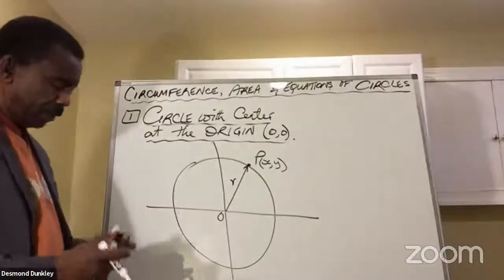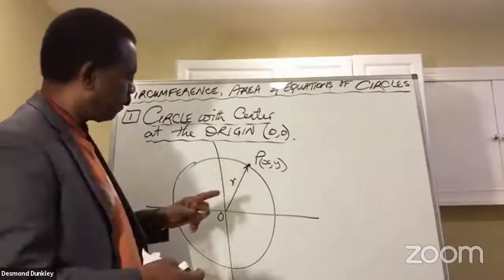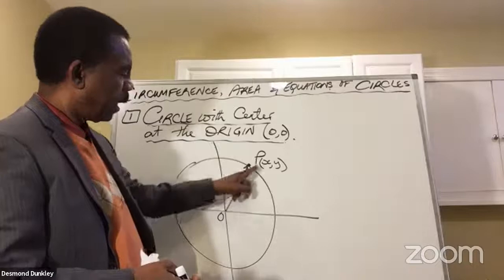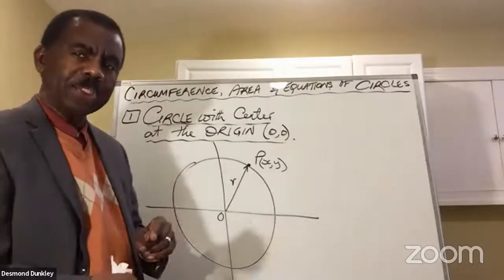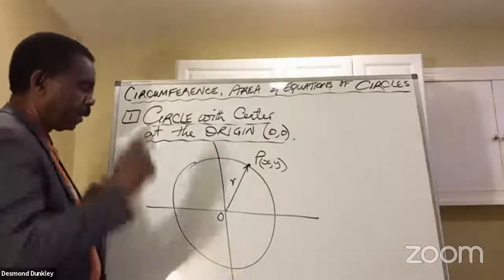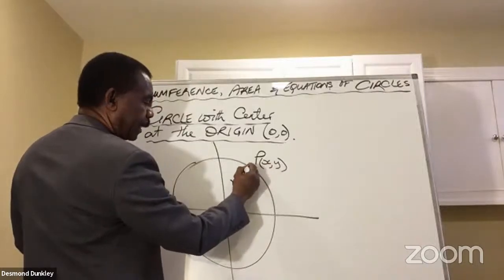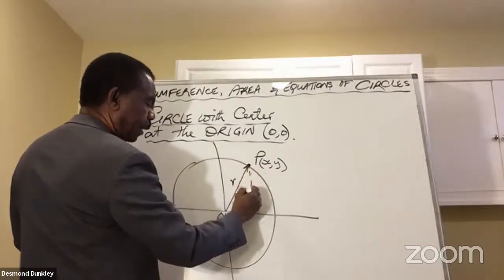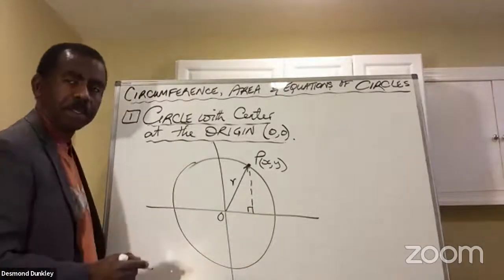Okay, so the question is, what is the relationship between R and the values X and Y? Is there a relationship? And the answer is yes, there's a relationship. Watch this. This point XY means that if I drop a perpendicular here, it forms a right angle.